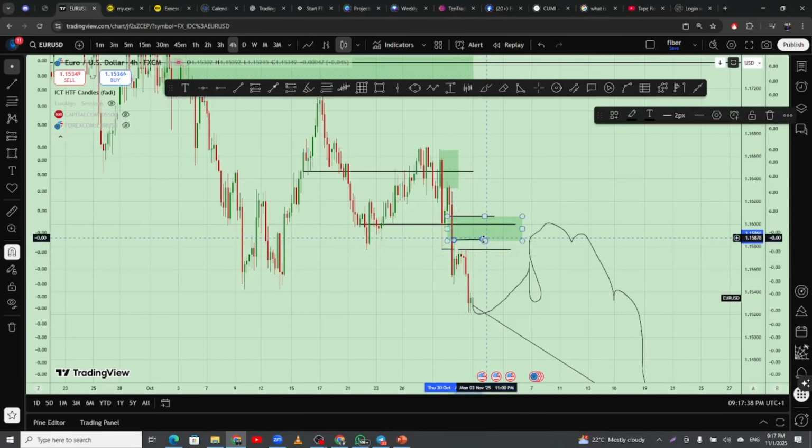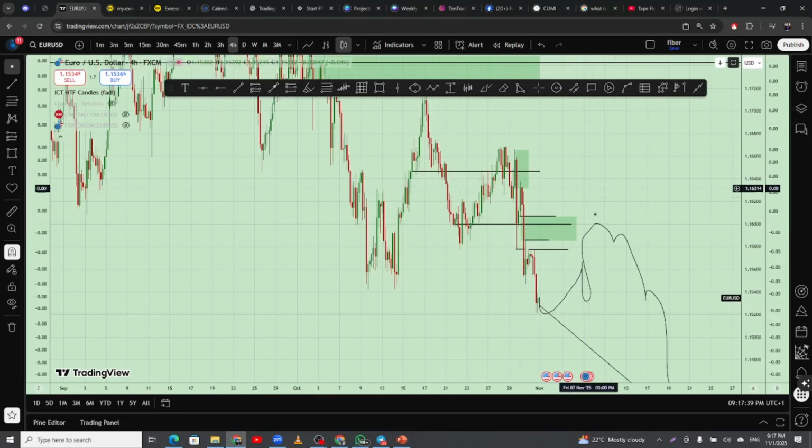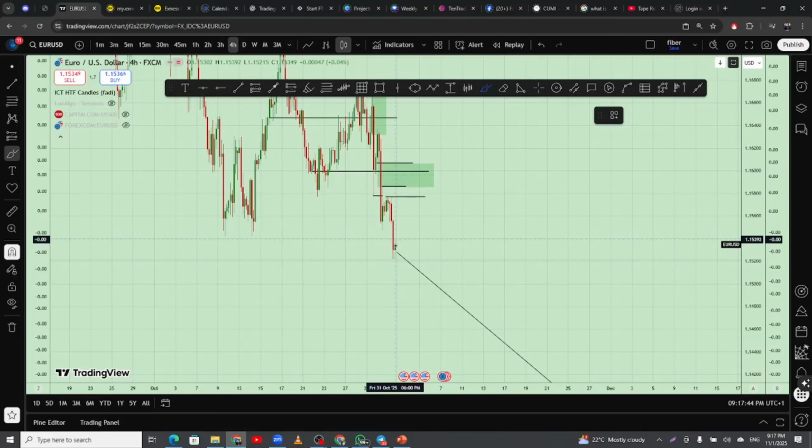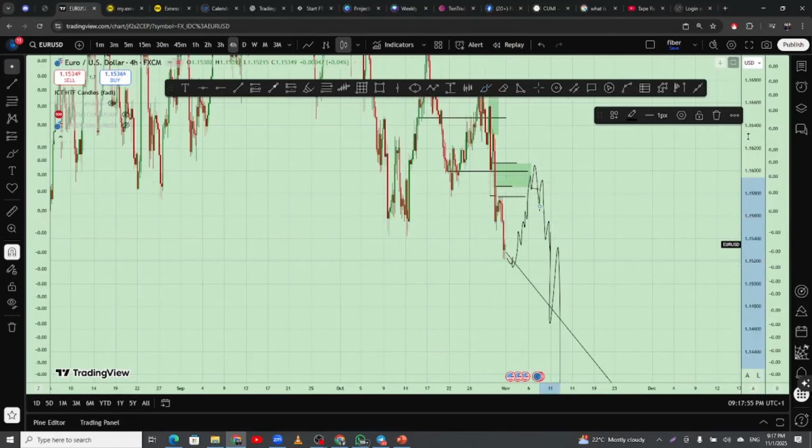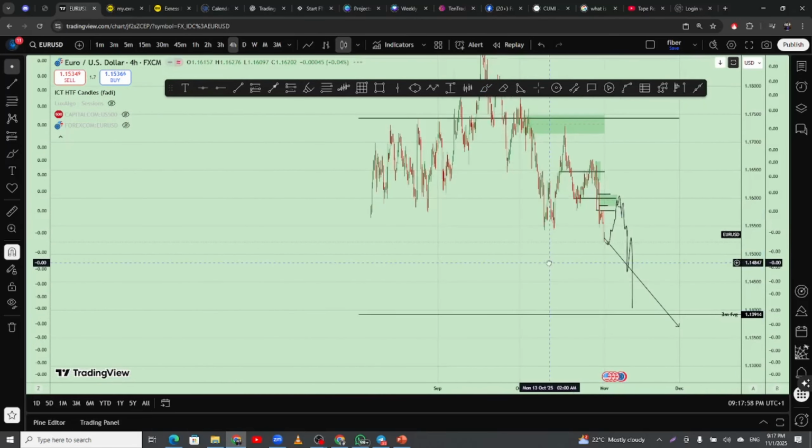The high of this candle is going to be an inducement probably on the 1-hour time frame. So what I'm expecting on Euro USD as of now is maybe price to do some movements here, and then if we get some displacement lower from here, then we'll take some sells there to continue down to the 3 months fair value gap.